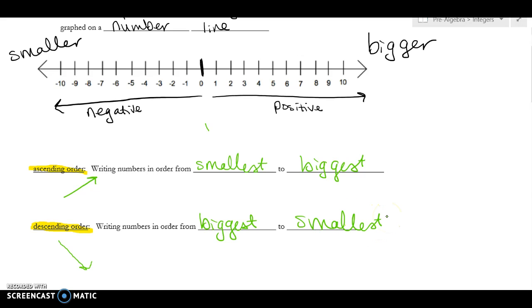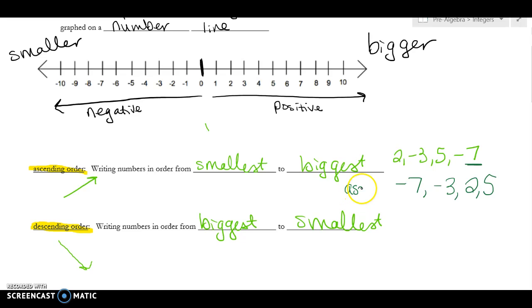If I had a list of numbers 2, -3, 5, -7, and I wanted to go ascending, I would pick my smallest number, which is my number farthest to the left. So my smallest number is -7, then my next smallest number is -3, then 2, and then 5.